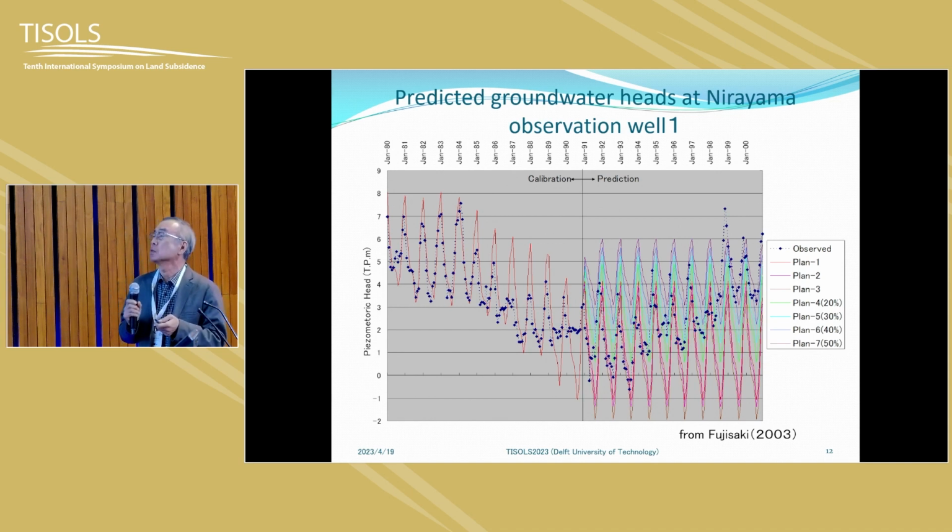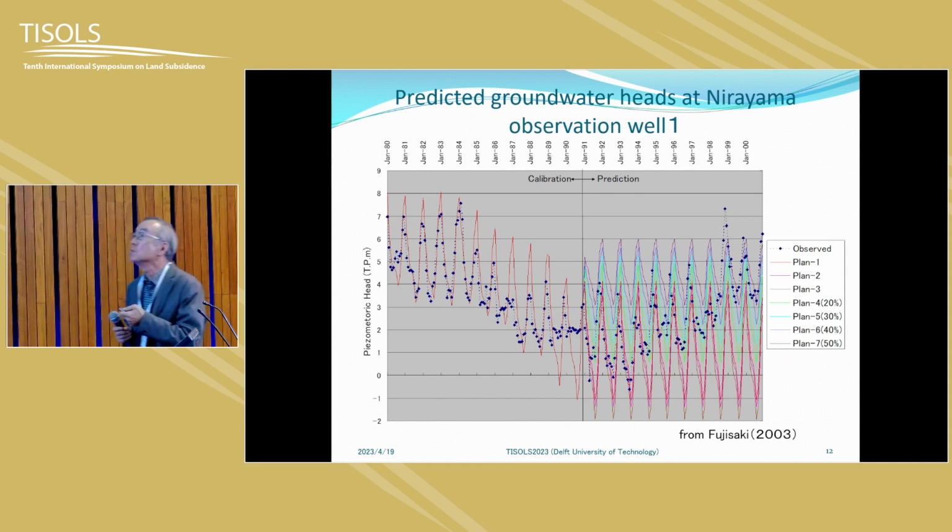Total discharge in Nirayama town and Izu Nagaoka town in 2000 decreased to about 80% of the 1990 level, which corresponds to plan 4, the green one.